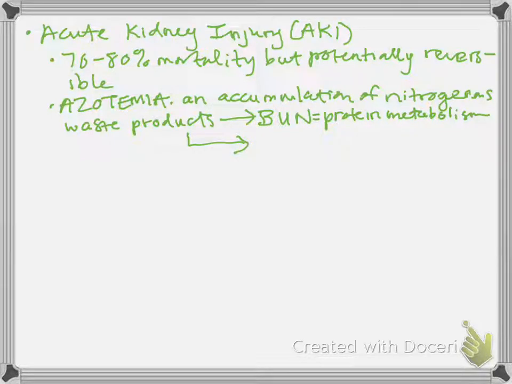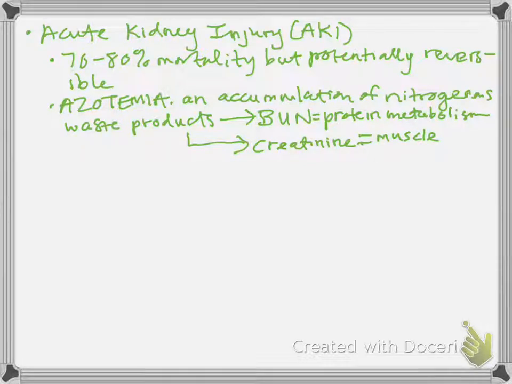Another nitrogenous waste product associated with proteins in our body, which, if you think about what part of our body is made up of protein, well, most of it. So creatinine is a result of muscle metabolism. When we're talking about proteins in the body, a lot of the time we're talking about muscles, because our muscles are made up of the building blocks of protein.